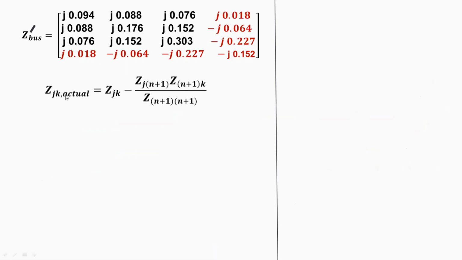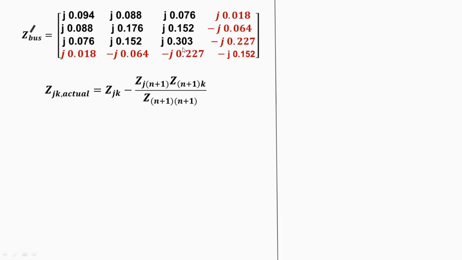Zjk actual is equal to Zjk minus Zj(n+1) Z(n+1)k divided by Z(n+1)(n+1). Here you modify all the elements, so that the last column and the last row are eliminated.